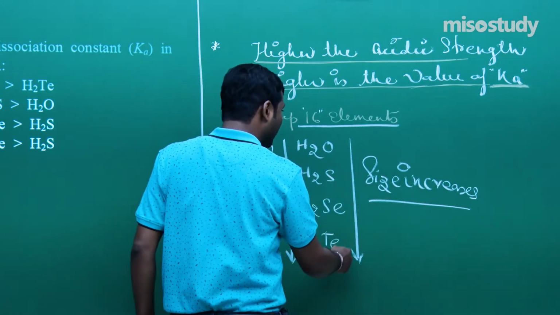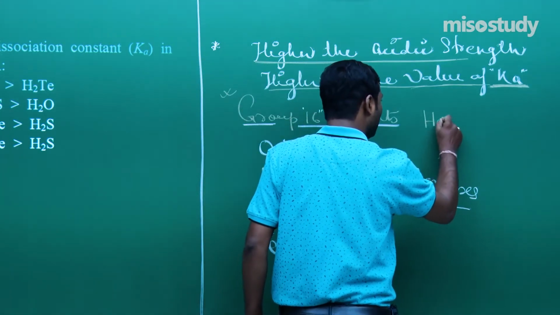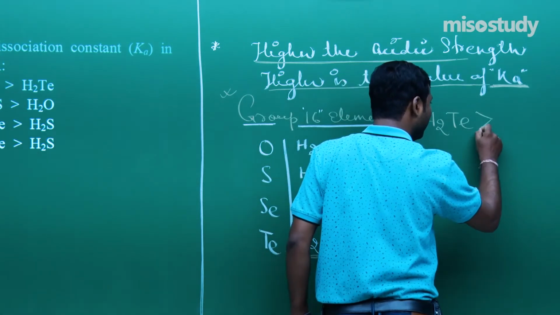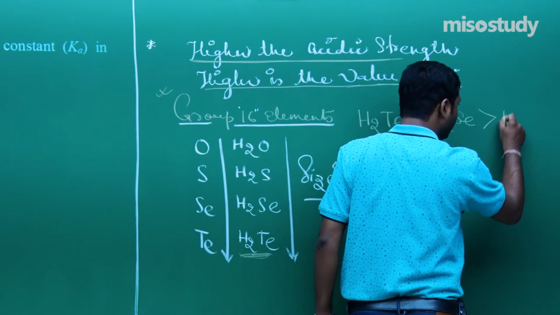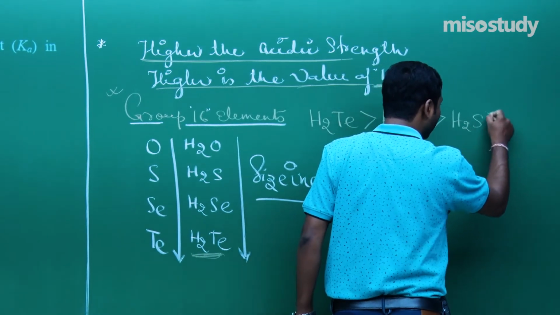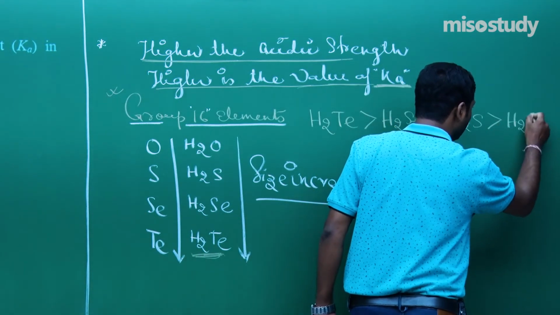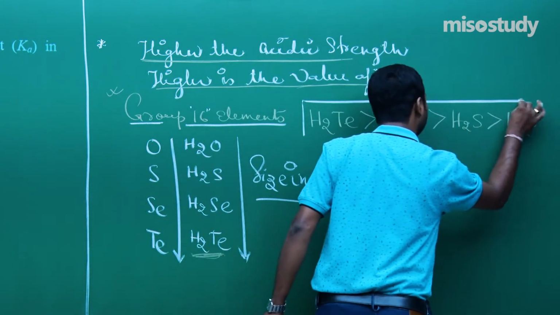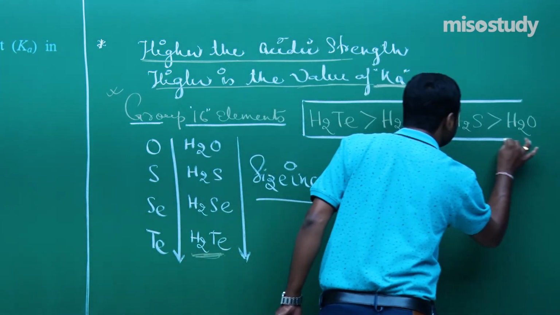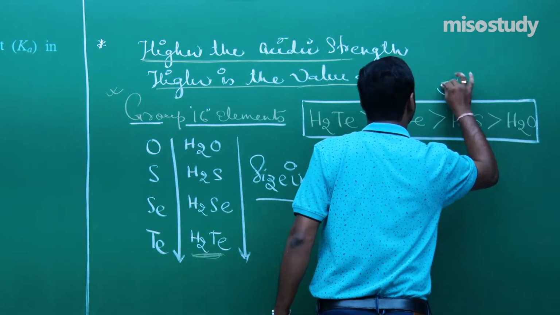That is, the order is H2Te, then H2Se, then H2S and then H2O. This is the correct order of the acidic strength. Therefore, this is the correct order of the value of Ka.